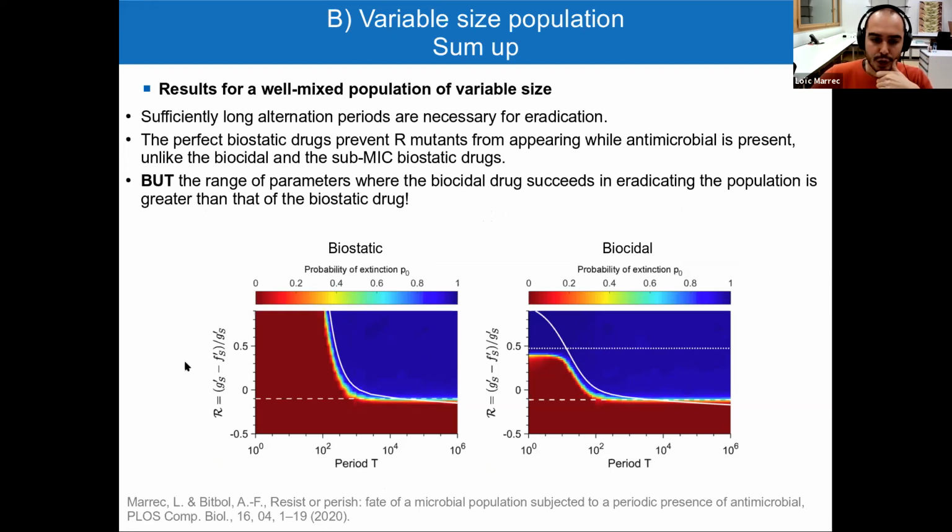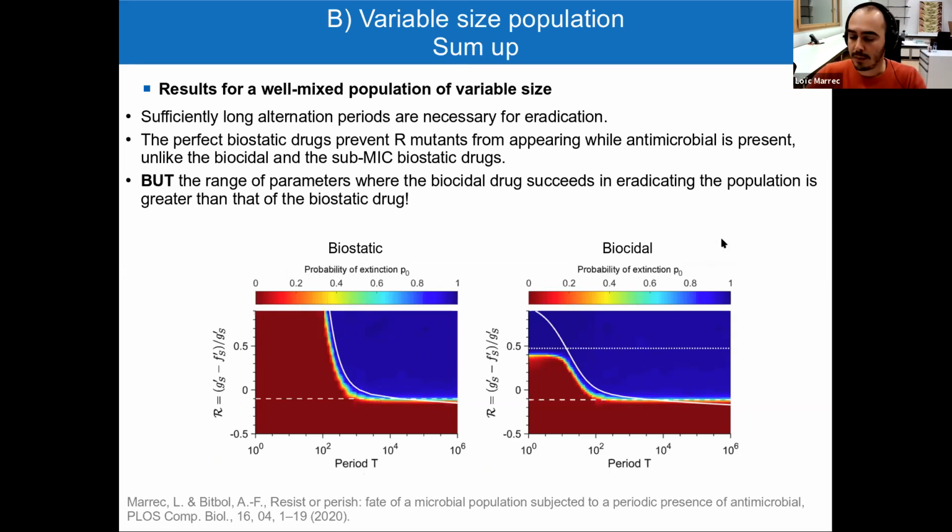So here I'm showing you two heat maps. In this one, I show you the probability of extinction versus the period and a quantity that defines if the drug is efficient or not. In the blue area, the treatment is efficient, and in the red one, the treatment is not efficient.